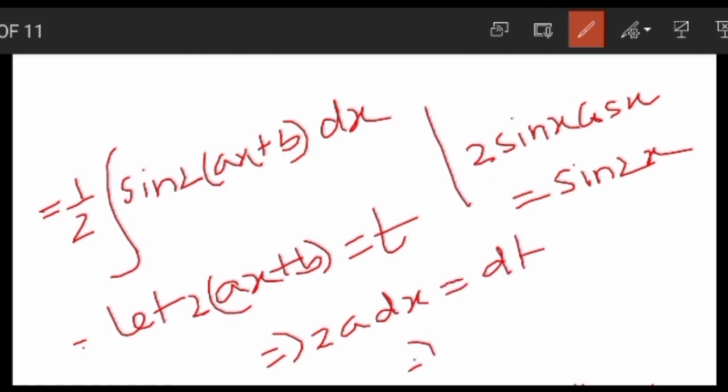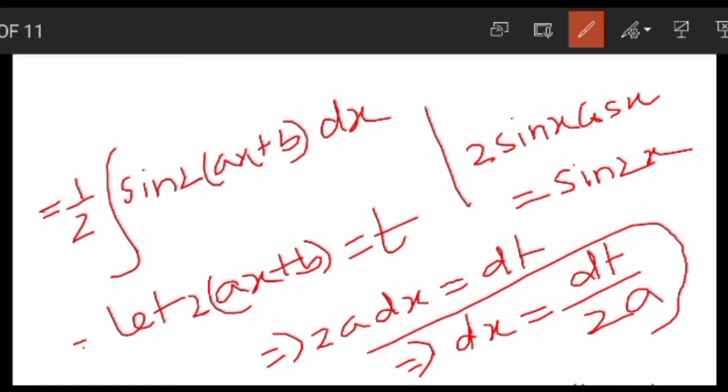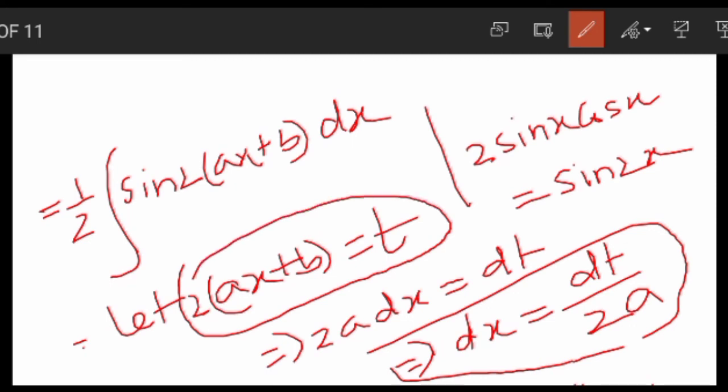From here we have dx equal to dt by 2a. Now substituting dx equal to dt by 2a and 2(ax plus b) equal to t in the integration 1 by 2 sin 2(ax plus b) into dx.